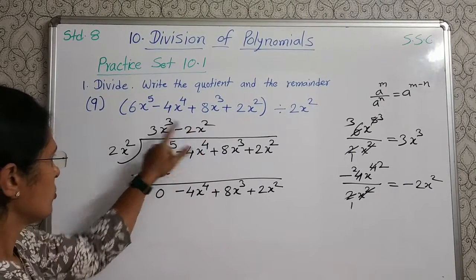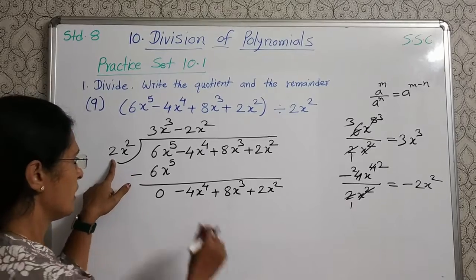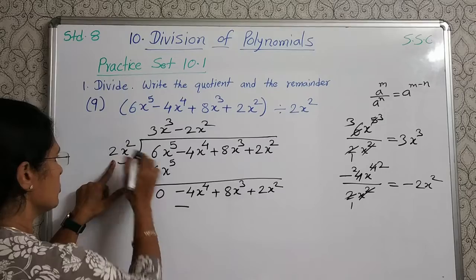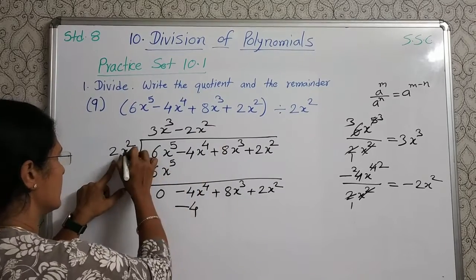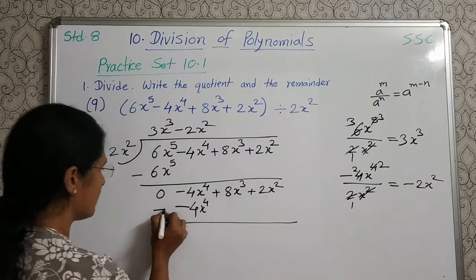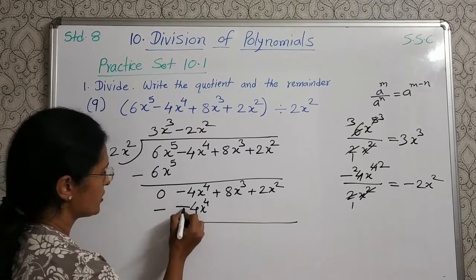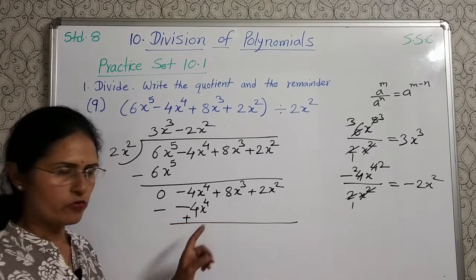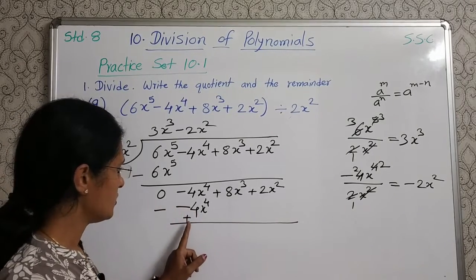Now multiply the quotient with the divisor and write it here. So minus plus minus, 2 2s are 4, x square into x square is x raised to 4. Now subtract this. For subtraction we'll change the sign, which is minus, so it is now plus.